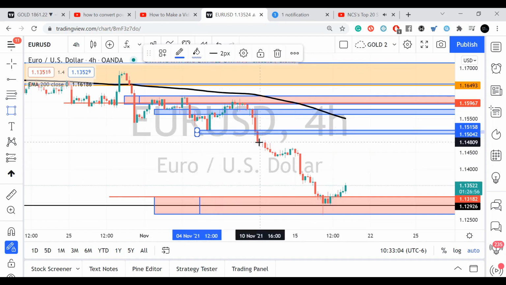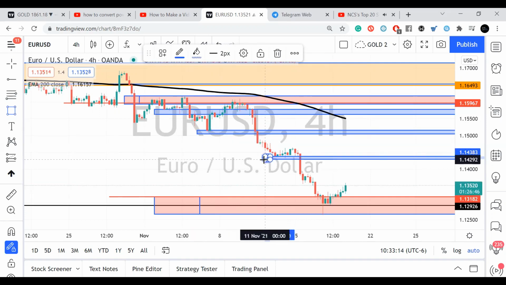Then this price from here came here, pushed up, came and broke it. Then here give us this. So this people had a support here. So when price is coming down, you mark all the support on the H4.